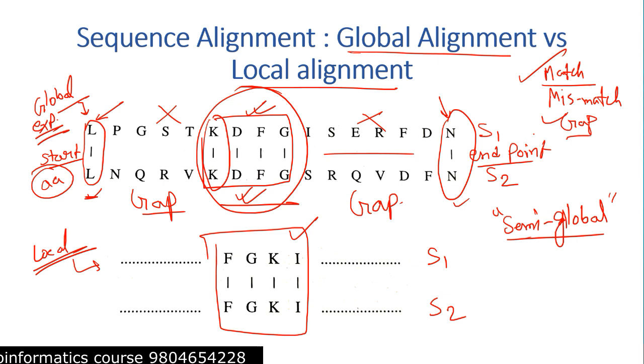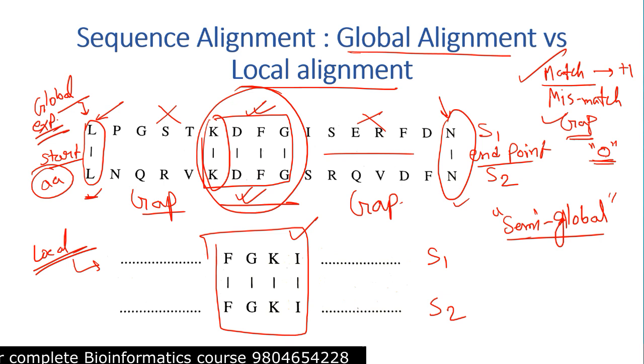There's a scoring system. For a match we put a score of +1, for a gap we put a score of 0. Remember that always. This is known as gap penalty. If there is a gap, that means there is no match, so that's why we call it a gap penalty.